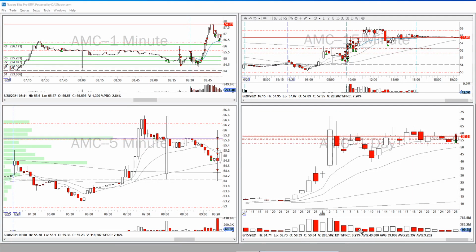Looking at the AMC charts, we see that on the daily time frame, AMC has been in a trading range set on June 2nd, 2021, with a low of approximately $38 and a high of approximately $72. Ever since that trading range has been set, AMC's price has been within this range in the entire month of June.